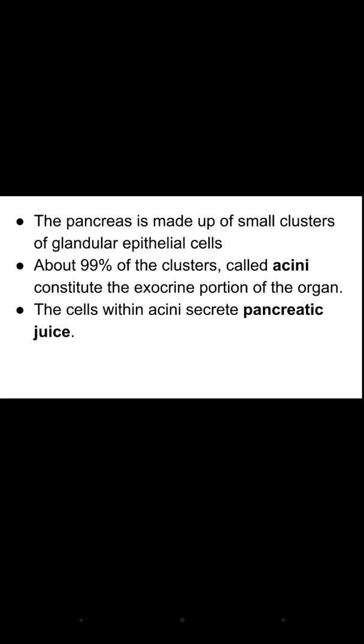The 99% of the cells, the acini, have a function which is known as exocrine. Exocrine means these cells will secrete their secretions into the various ducts which are present. So, the cells within acini secrete the pancreatic juice.